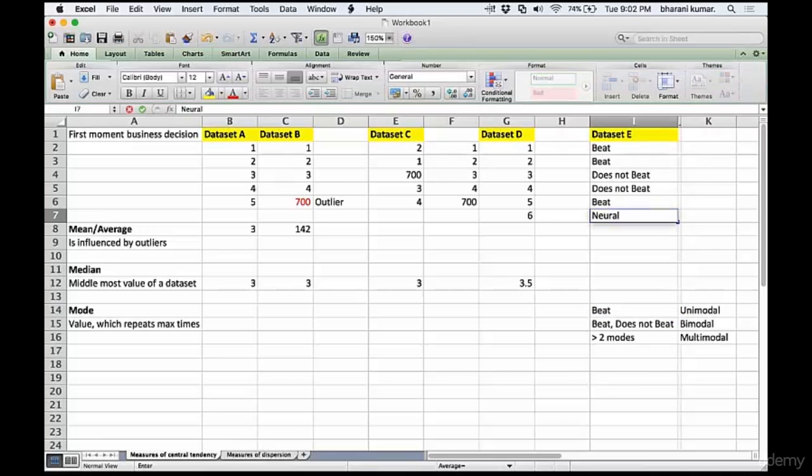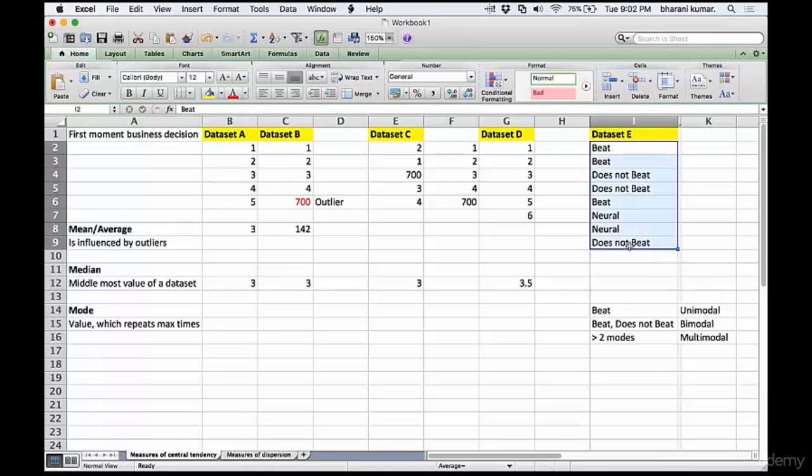One person is really scared, so he says neutral, I don't know whether my wife beats me or not. Another person follows suit, and another person says no, my wife does not beat me. Given this kind of data set, if you were to calculate the mode, you see that the value beat repeats itself 3 times, and does not beat also repeats itself 3 times.